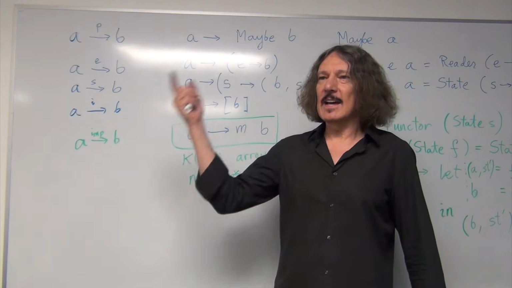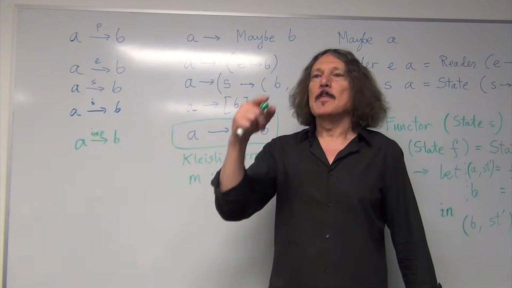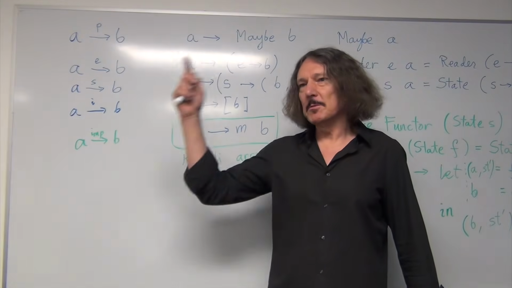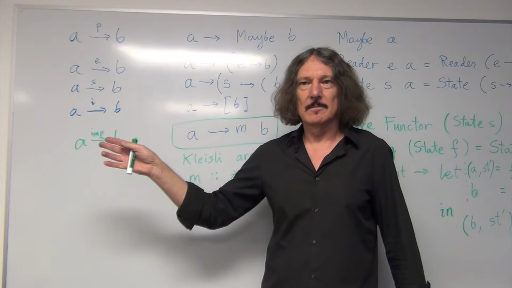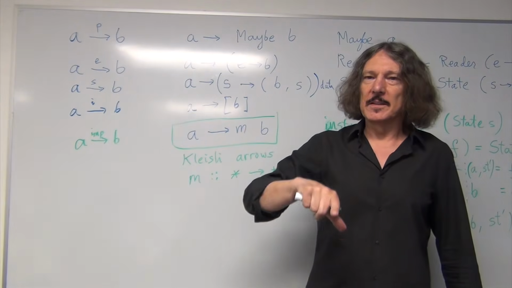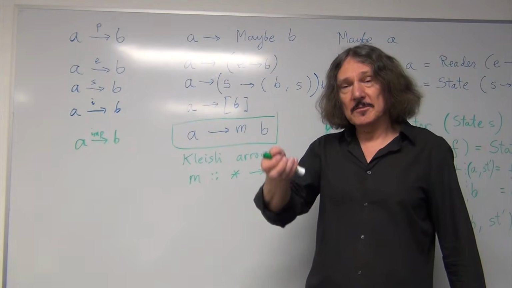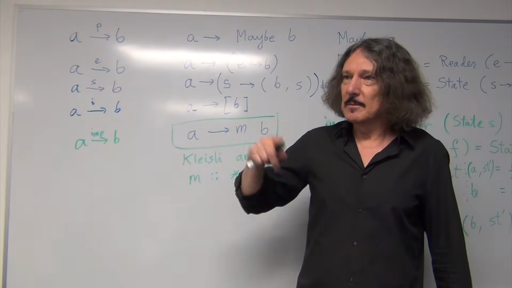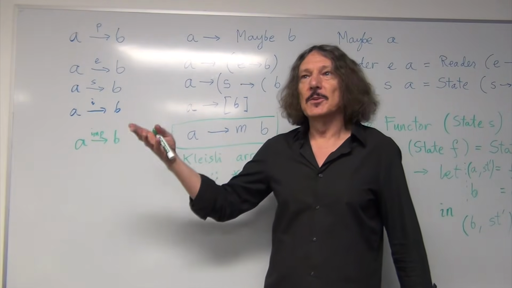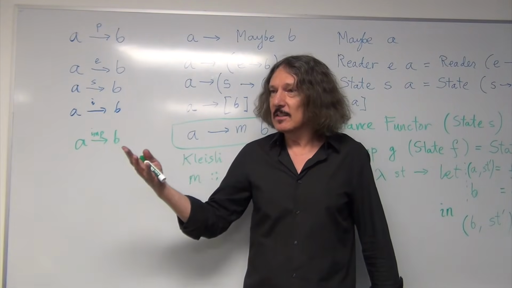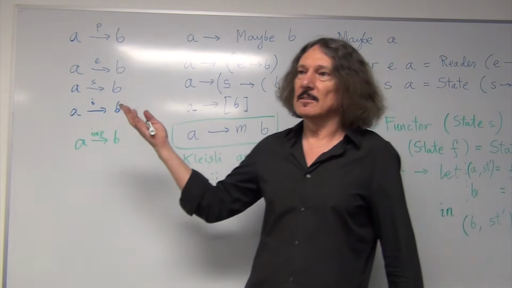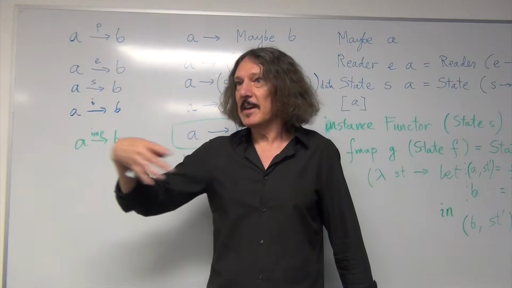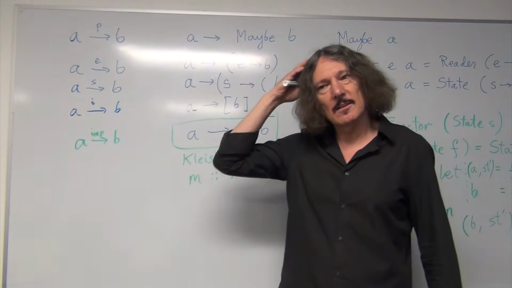Decide whether it's left, and if it's left, then we return back left and do nothing else. If it's right, then we extract the value and pass this value to some calculation that takes this value and returns an either, because it may fail in some way.